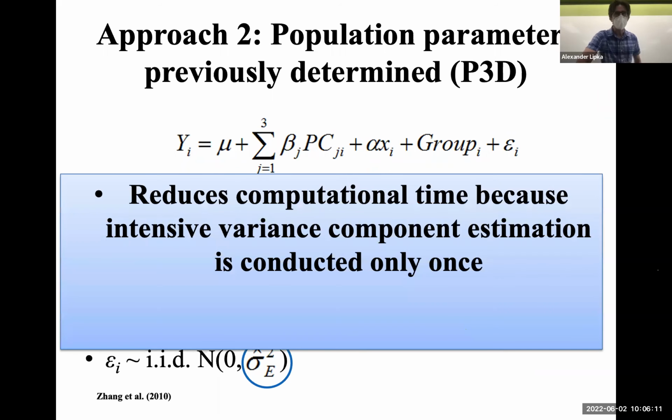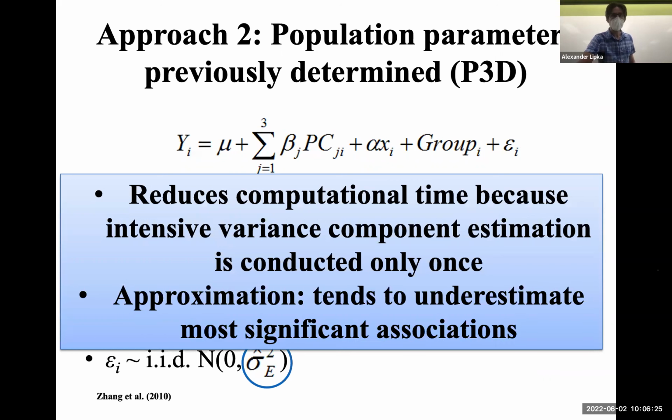This really does a great job of reducing computational time, because instead of estimating these variance components, say, 100,000 times if you have a data set of 100,000 markers, you're doing it only once. However, this is an approximation, okay? It is not the statistically optimal estimate, and it has a tendency to underestimate the most significant associations.